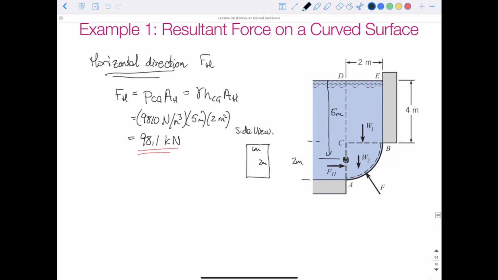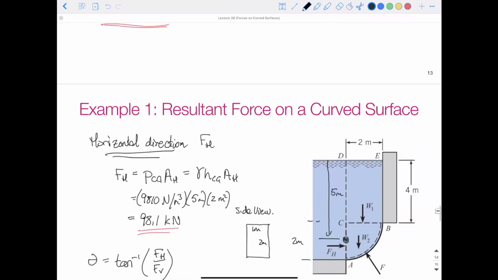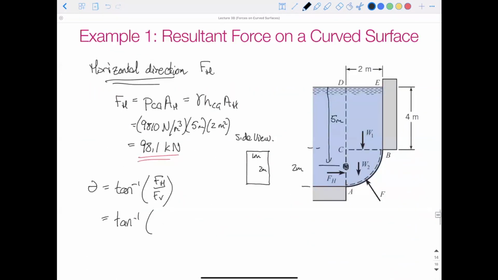Okay, so we found two things. Now we can find our theta if we wanted to. So theta is equal to tan inverse of FH over FV, which equals tan inverse of, what was our FH? 109.3 divided by 98.1.